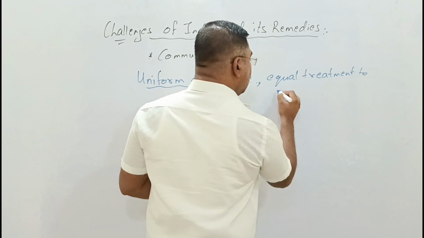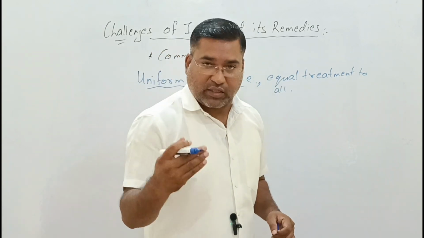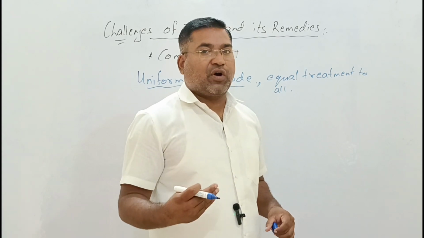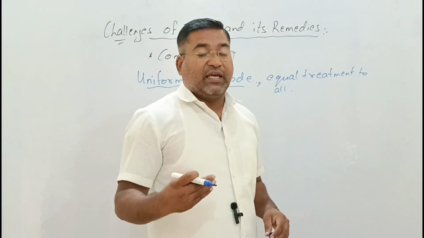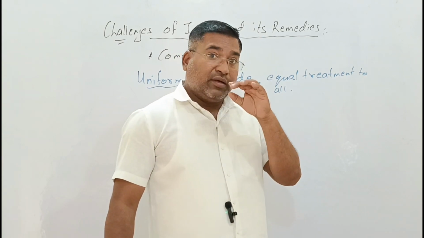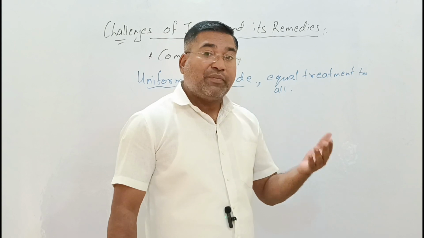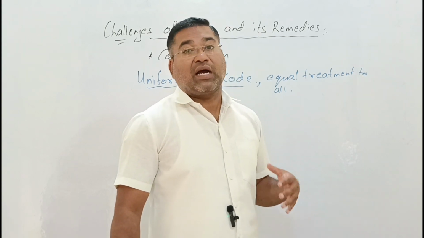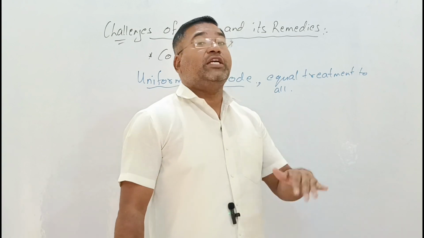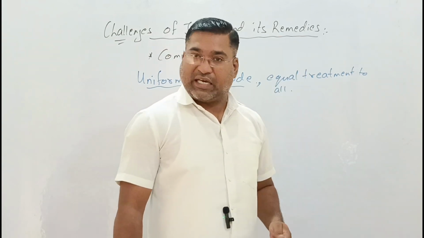Equal treatment to all. For example, if a person is caught in theft, and this person belongs to the religion called Buddhism, no differentiation should be made in the name of that. Buddhism comes under the minority, so he should not be relieved or given less punishment, and he should not be treated as a criminal merely for that.